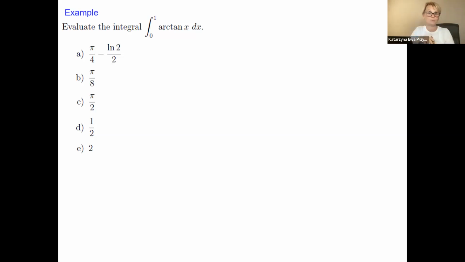Okay, what method will we use? Arctangent of x, because that's my main point. I think it will be integration by parts. We will make the second part 1.